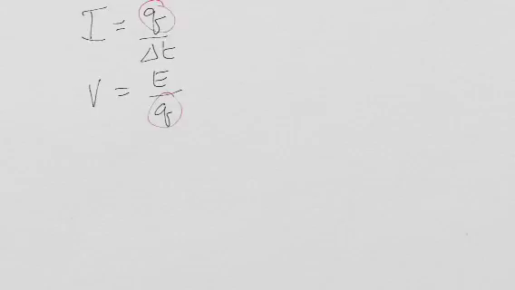So the current intensity equation has I is equal to Q over delta T, and the potential difference equation has V is equal to E over Q. So we're starting to see some similarities, right? What do these two equations have in common? Q. They have Q in common, okay?